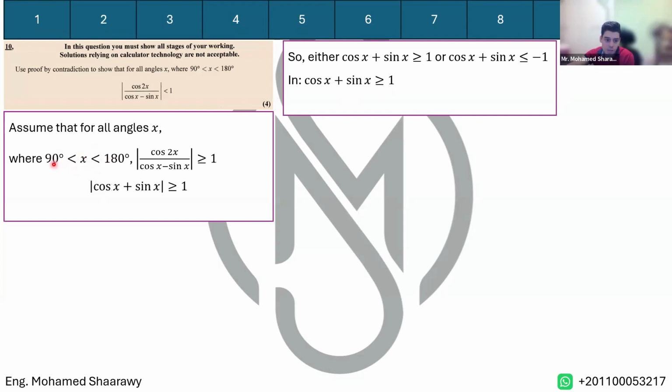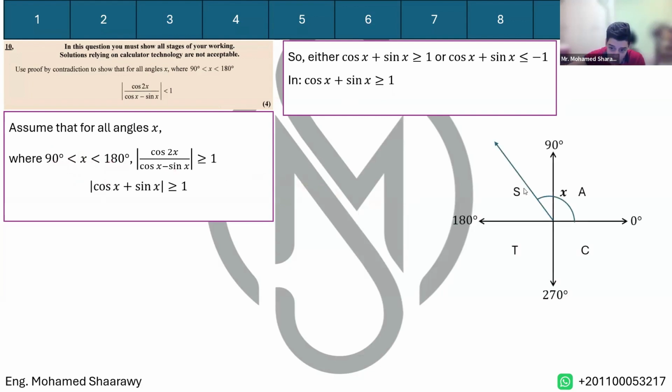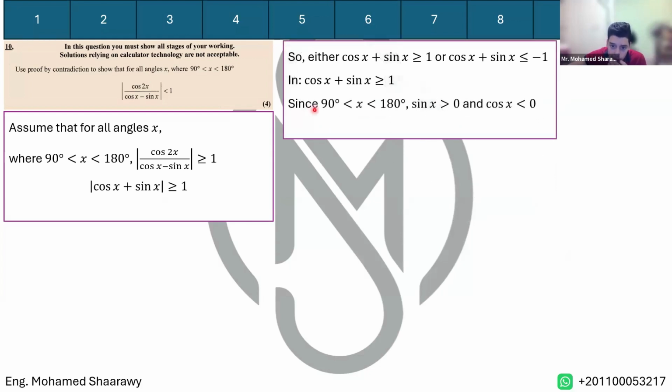Since x is between 90 and 180, x is in the second quadrant. The sine values will always be positive, and the cosine values will always be negative. So I wrote this here: since x is between 90 and 180, sine x will always be greater than 0, and cosine x will always be less than 0.